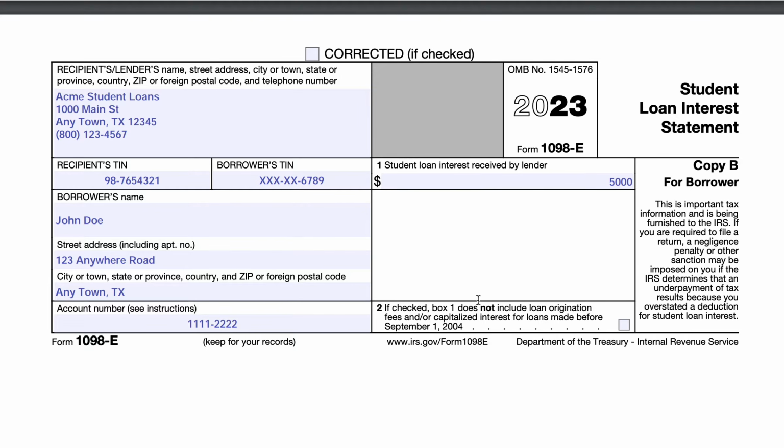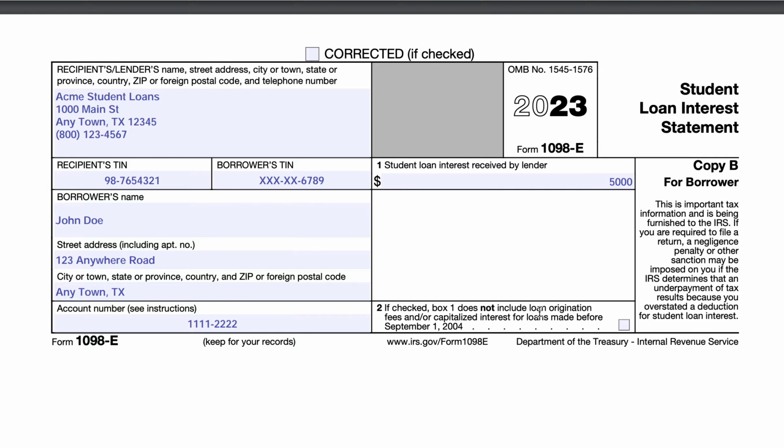On the right-hand side of the form, there are 2 information fields. In box 1 is the student loan interest that was received by the lender. And then in box 2, if this is checked, that means that box 1 does not include loan origination fees and/or capitalized interest for loans made before September 1st, 2004.